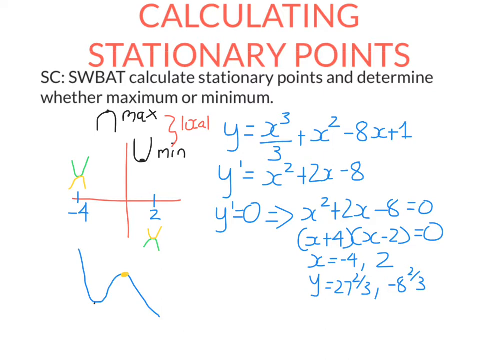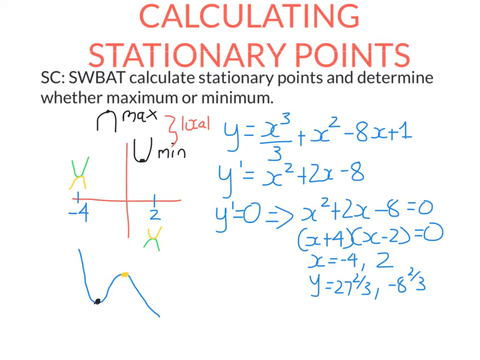Similarly, this would be a minimum turning point, but it's not a minimum of the whole function because there are lower values over here. But this is the minimum value, the minimum y value, sort of in this neighborhood. That's why we call it a local minimum. This is a local minimum, and this is a local maximum.